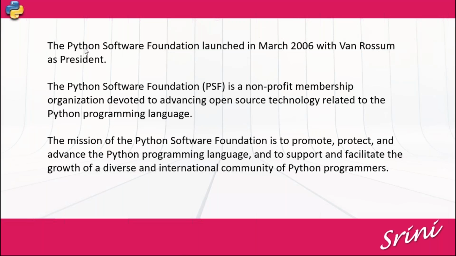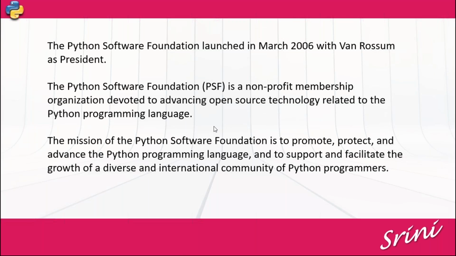Mr. Rossum started the Python Software Foundation in 2006, with Rossum as president. The Python Software Foundation is a non-profit organization. It is dedicated to advancing open source technologies related to Python, promoting Python, upgrading Python, and supporting the Python communities and Python programmers.